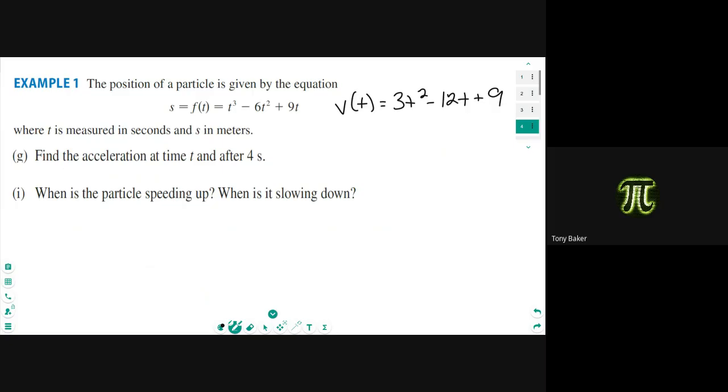That would be the rate of change of what? Of the velocity. So it's how fast your speed is changing. So velocity is how fast your position is changing. Acceleration is how fast your velocity is changing. Okay, so in this case, that means I've got to take the what? My derivative of my velocity now. A is typically used for acceleration. So that'll be 6t minus 12.